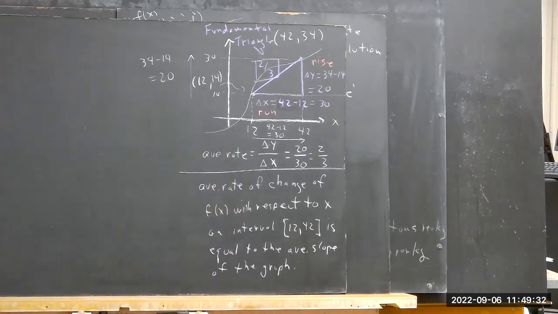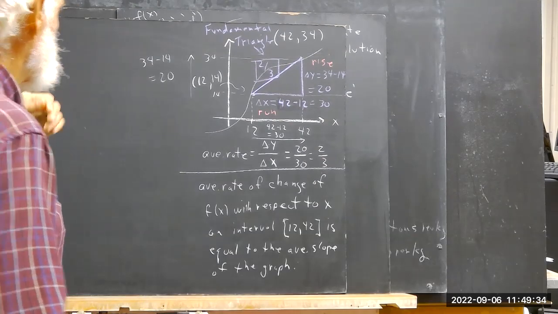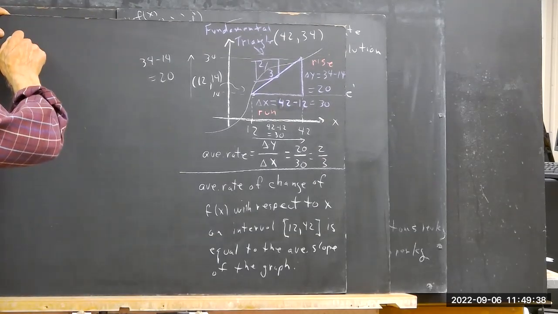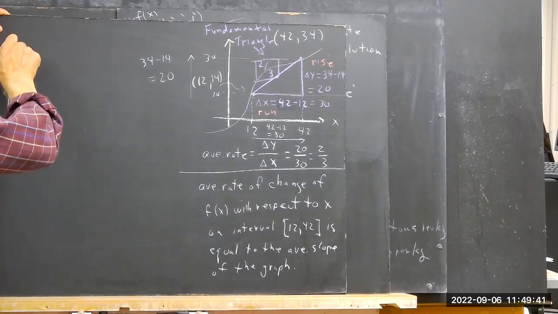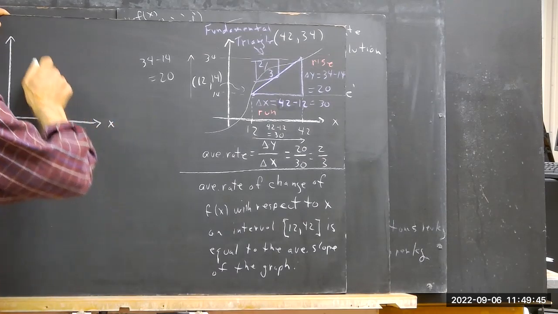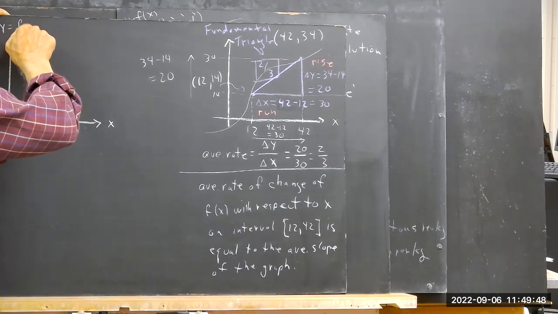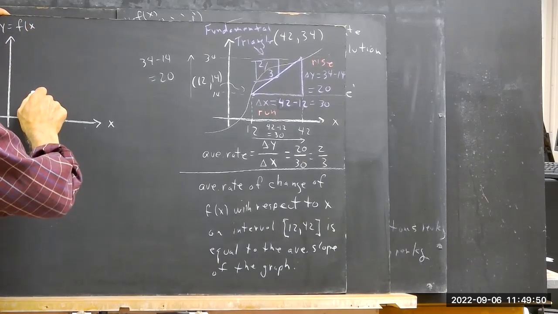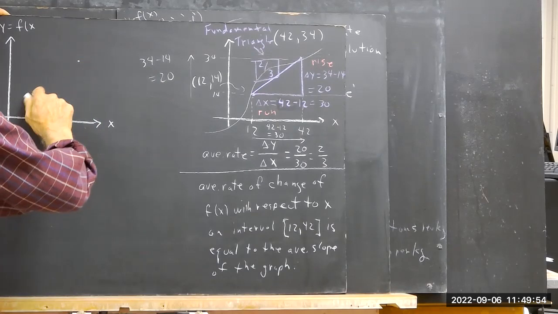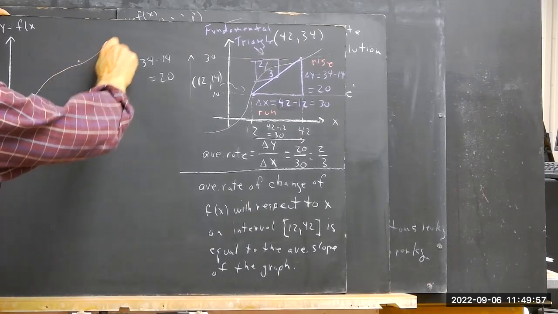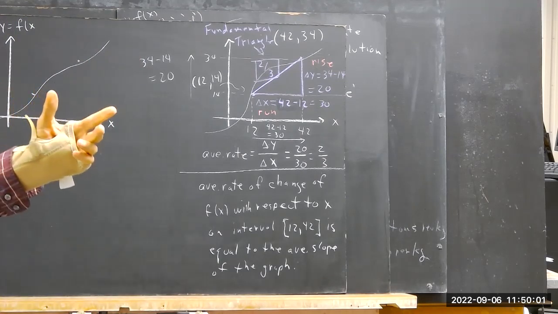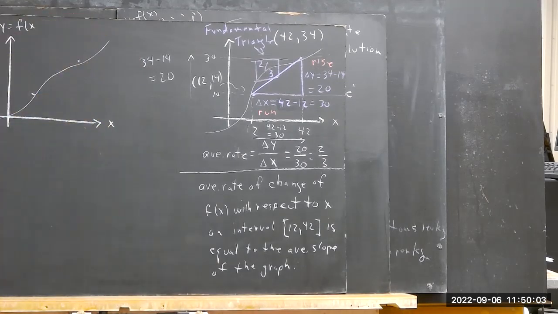Okay, so the next question is, what's f of whatever letters I put down there? I kind of screwed it up. You missed that point. Let's pretend I did it. Let's pretend that's our actual graph.